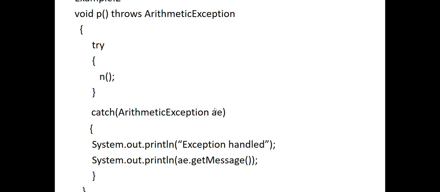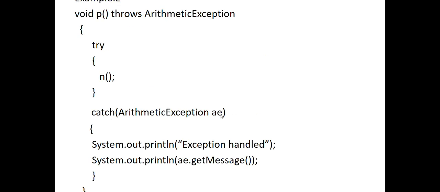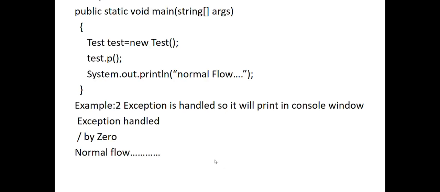ArithmeticException is created because the m method will create the arithmetic exception. In catch, I'm creating an instance of ArithmeticException and writing System.out.println("exception is handled"), and it will print the message that the number is not divisible by 0.